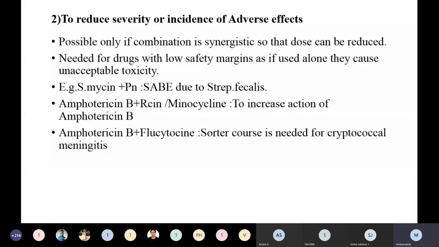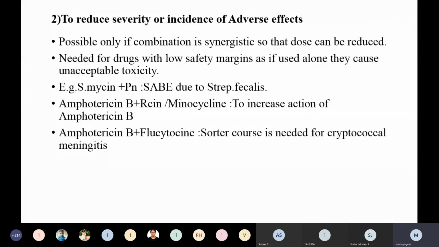Next is why we prefer the combination: to reduce the severity or incidence of adverse effects. So what is the advantage? How can the adverse effects be reduced? When you are combining and you are getting a synergistic effect, the doses needed will be less.